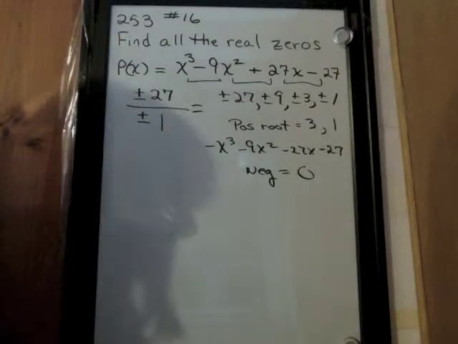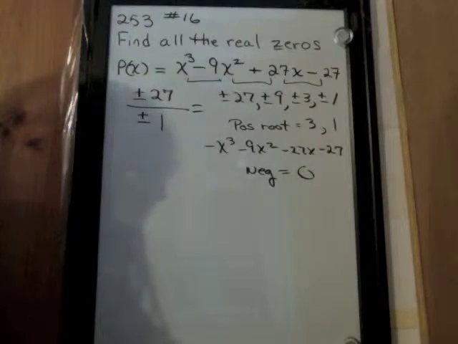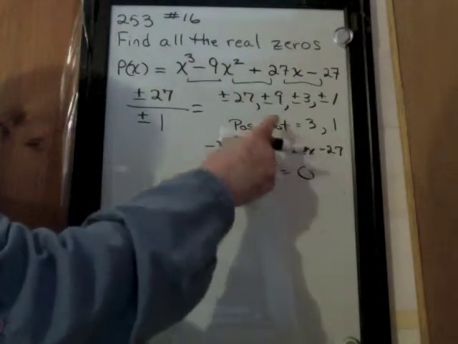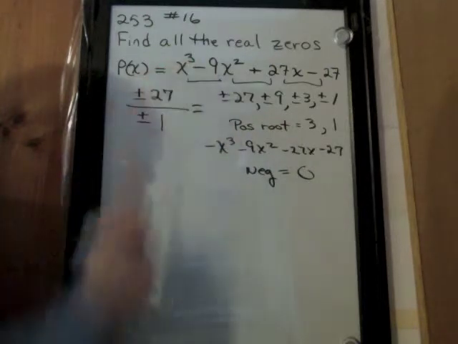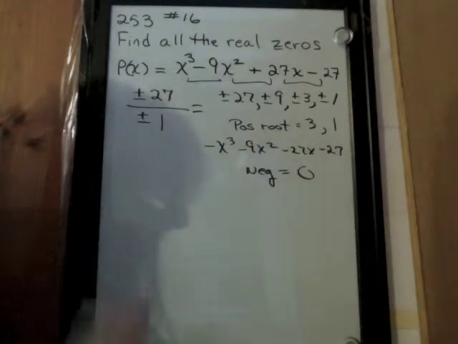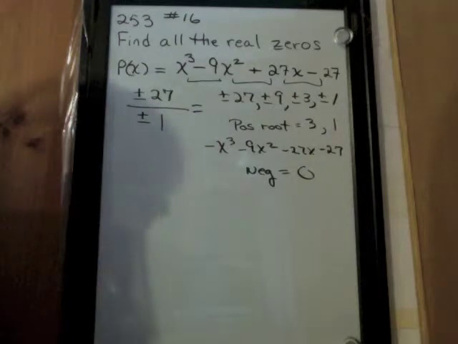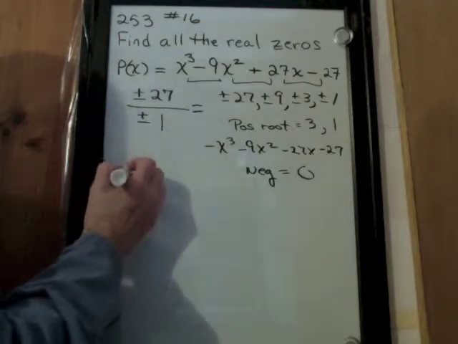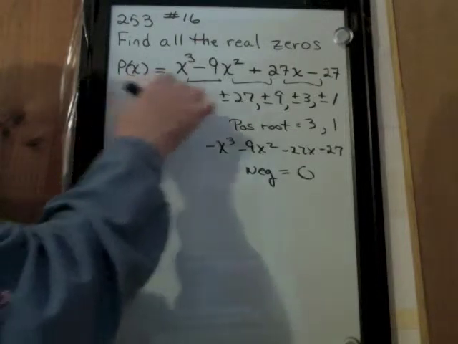I test these using synthetic. Descartes' rule helped me eliminate my guessing by half. So basically, since this has 3 real roots, there's probably going to be 3 positive real roots. So we're going to use synthetic, testing those numbers. Now remember, when you set up synthetic, you use the coefficients.